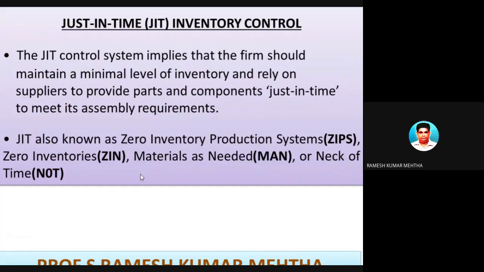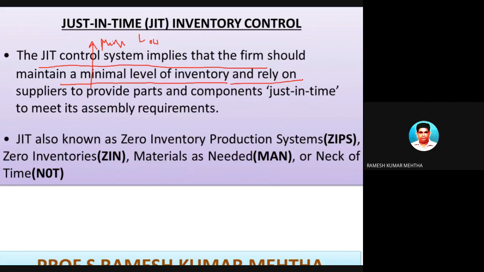Next one is just in time, which means whenever you require, you put an order for the material or the equipment or the inventory. The just in time system implies that the firm should maintain a minimal or optimally low level of inventory in the storeroom. Whenever you require, you just put an order, and immediately the order is taken, and the manufacturer manufactures and supplies it.